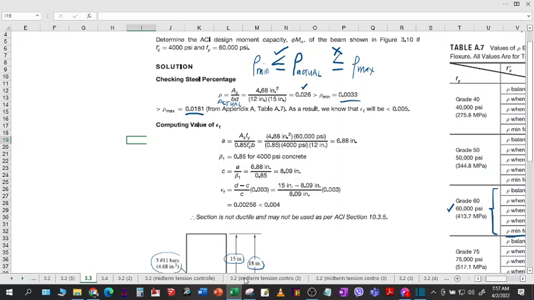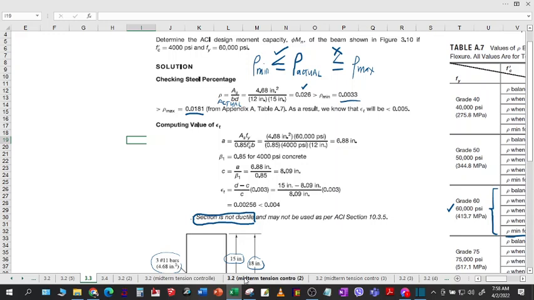That's why here in the book, there is a conclusion that the section is not ductile and may not be used as per ACI section 10.3.5, because it will now be compression controlled. When a beam is compression controlled, it will not show warnings, and once the ultimate stress is reached, it will just simply burst out and collapse, and that is not permitted by the code because that's not a sound design practice.